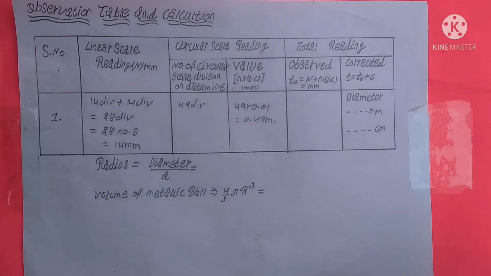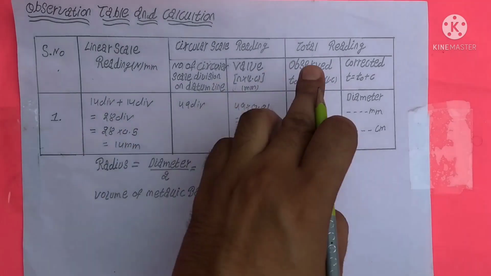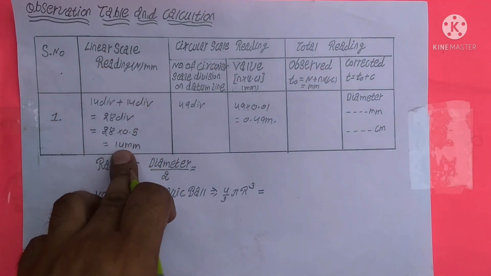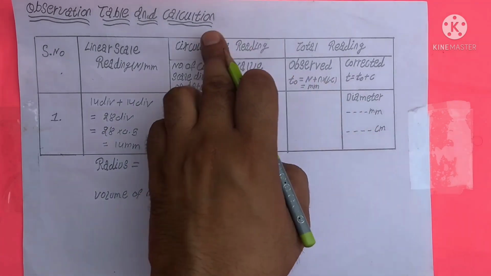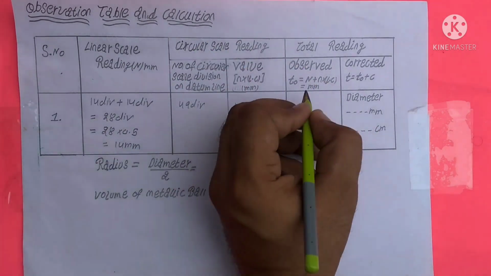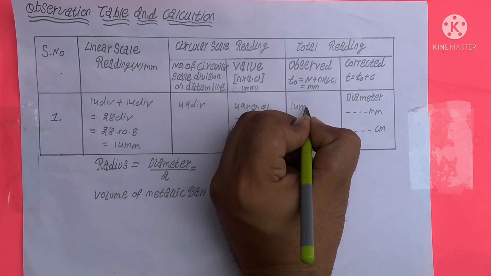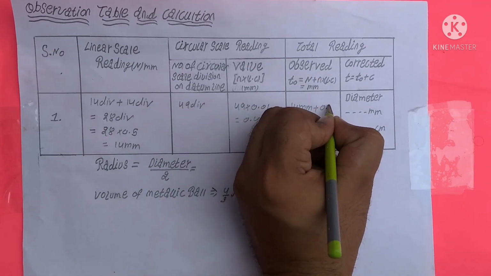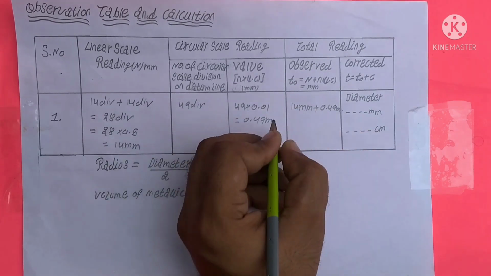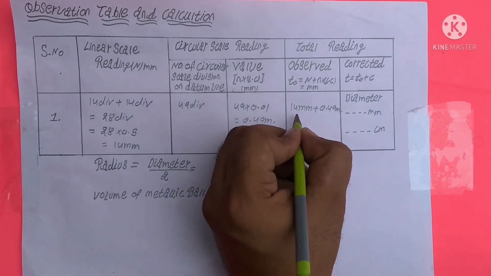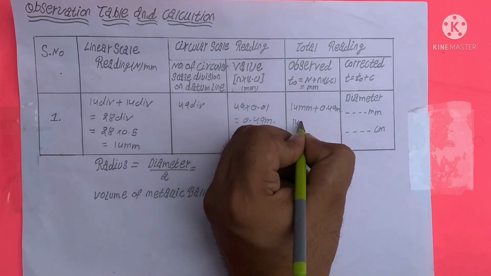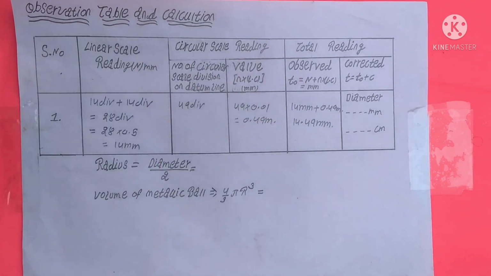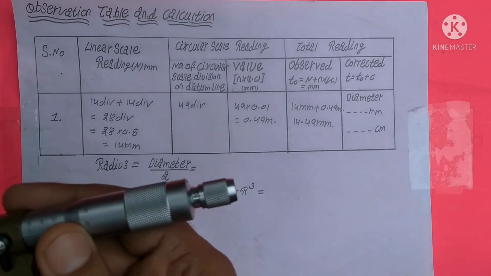Now next, let's talk about the total reading. Total reading is nothing but the main scale reading plus the circular scale reading. So the main scale reading is 14 mm plus the circular scale reading 0.49 mm, and now adding both these terms, the result comes out to be 14.49 mm. So this is our observed value.